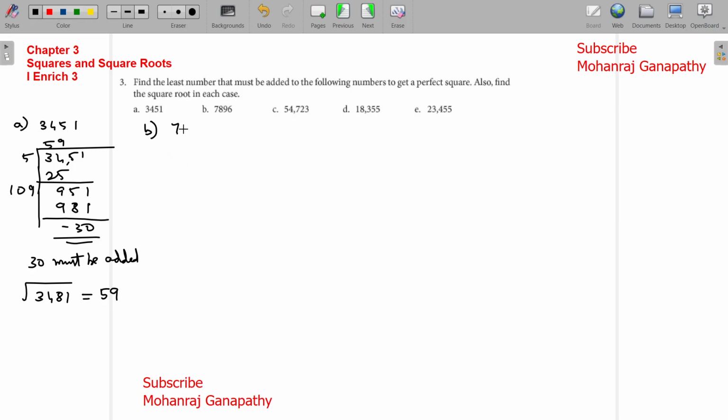B. 7896. 8 eights are 64. 9 nines are 81.